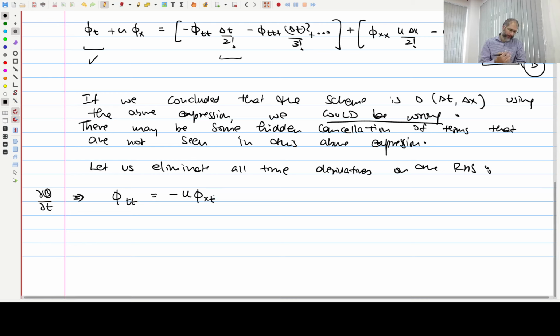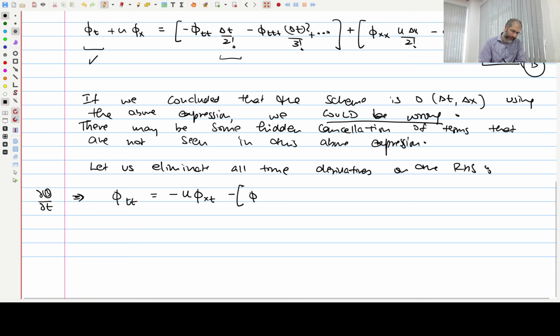Everything else will also get modified. In the first bracket, my phi double t now becomes phi triple t, and the second phi triple t now becomes the fourth derivative with respect to time.